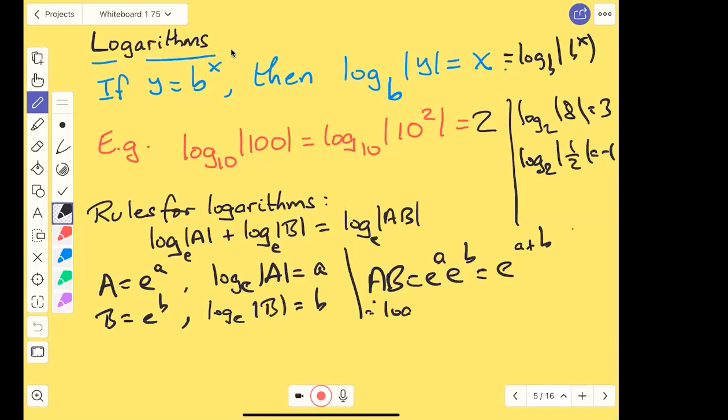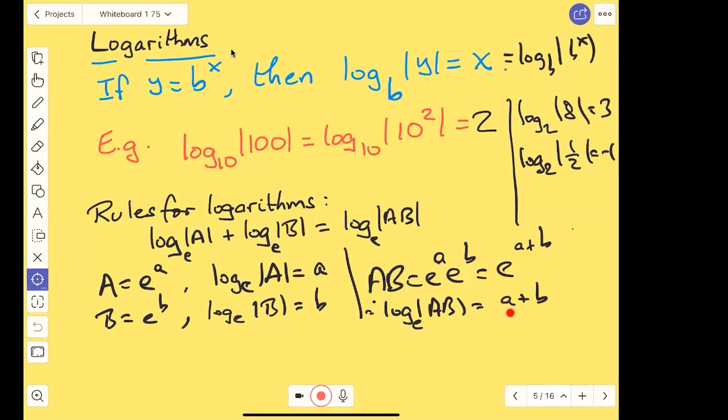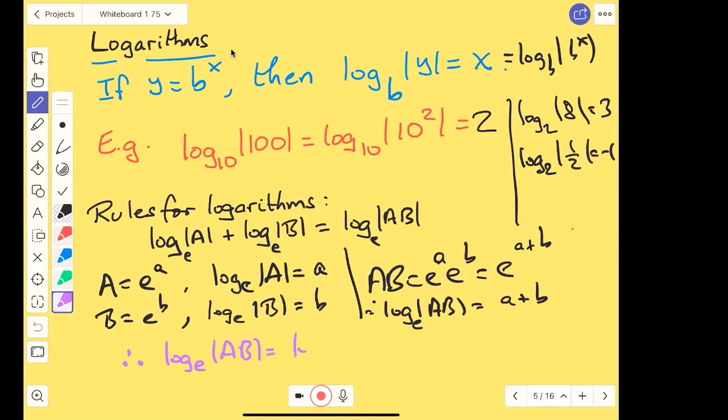So log to the base e of AB would be little a plus little b. And we're done, because we know what little a is. It's this logarithm. We know what little b is. It's that logarithm. So therefore, log to the base e of AB is log to the base e of a plus log to the base e of b.